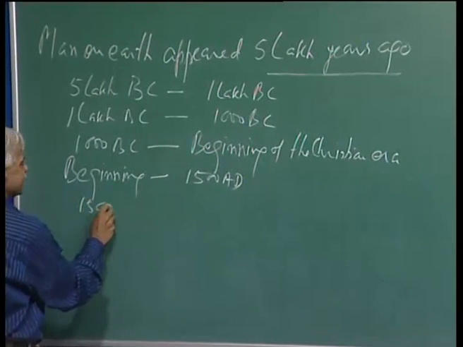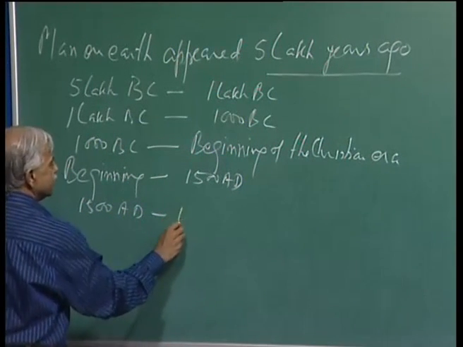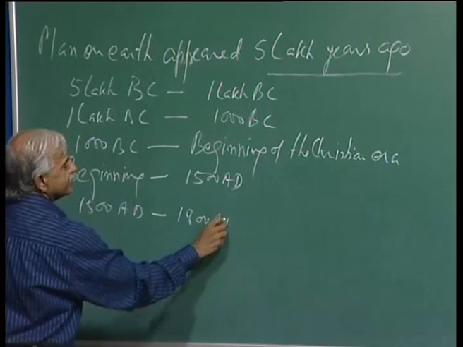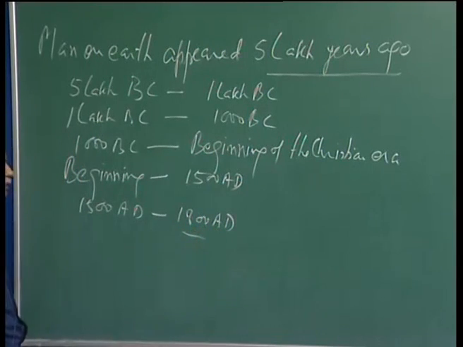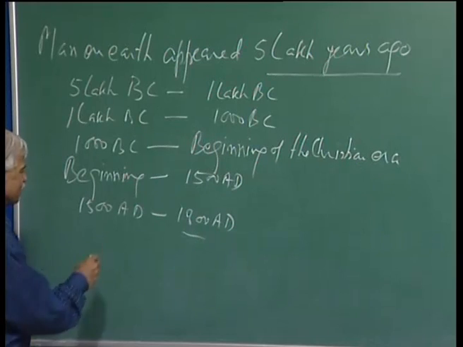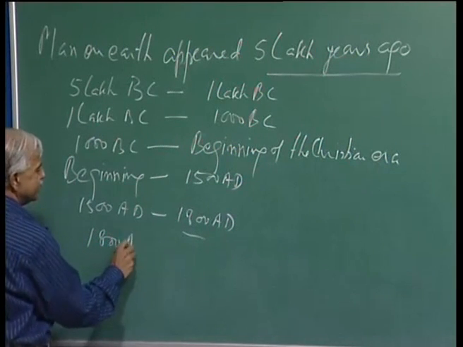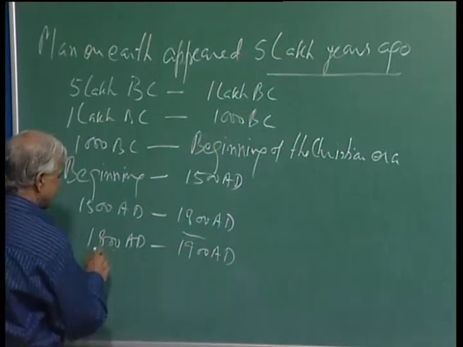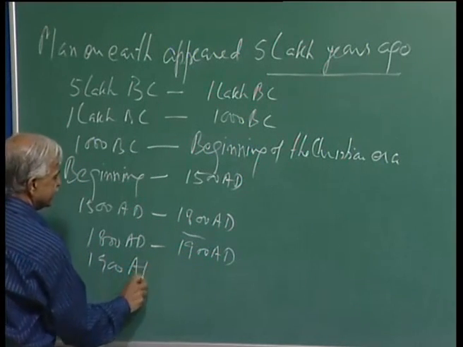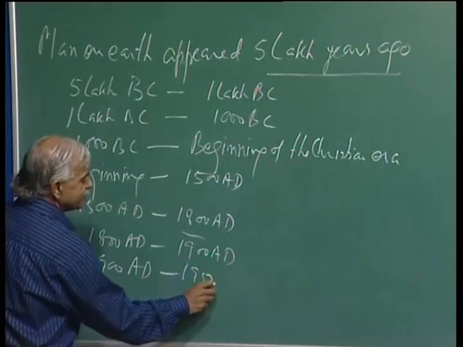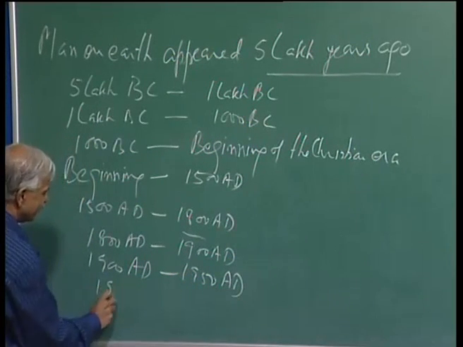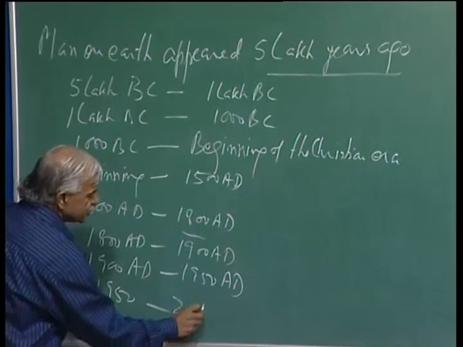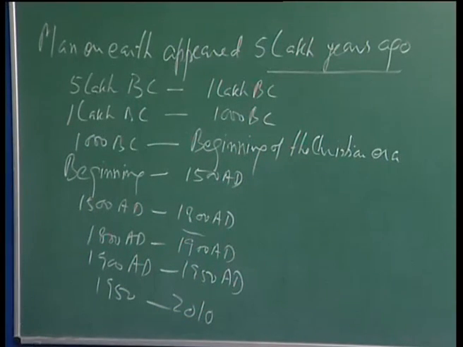Then 1500 AD to 1800 AD, the date after which world population started growing, though at a very slow pace. Then 1800 AD to say 1900 AD, 1900 AD to 1950 AD, and then 1950 to 2010, the present date. We find that more or less in these periods births were constant.